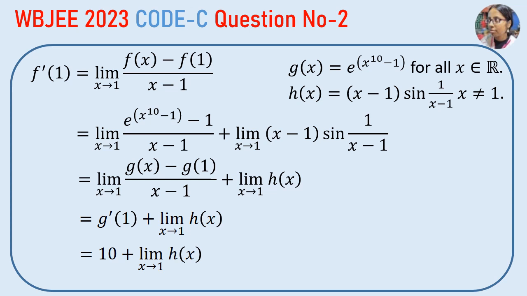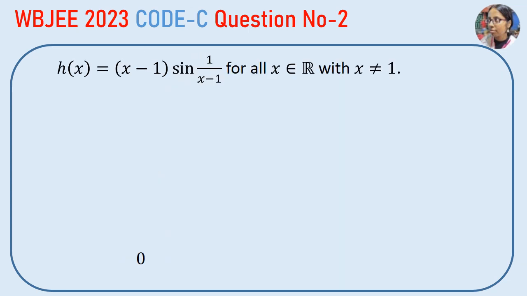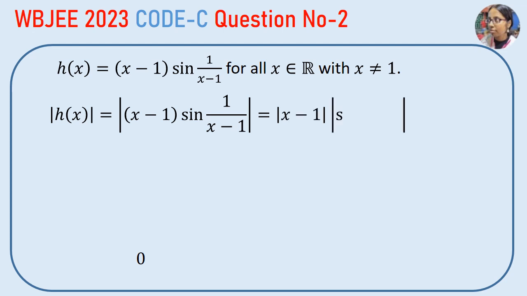Now we have to calculate limit x tends to 1 of h(x). What is the definition? h(x) equal to (x minus 1) times sine 1 upon x minus 1 for all x belongs to R with x not equal to 1. So modulus of h(x) is equal to modulus of (x minus 1) times sine 1 upon x minus 1, which is equal to modulus of x minus 1 times modulus of sine 1 upon x minus 1.